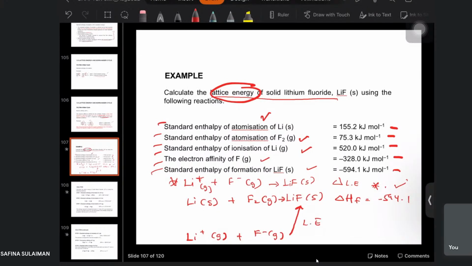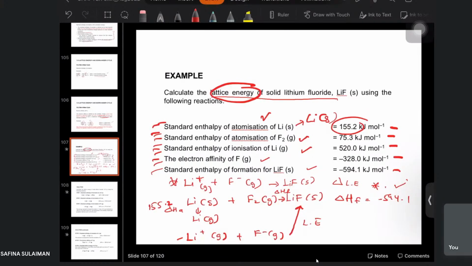This one adalah delta H naught formation. So, macam mana you nak convertkan lithium solid kepada lithium gas? F2 gas kepada F minus gas. Inilah yang awak perlukan semua ni. Okay, so first you tengok standard enthalpy of atomization of lithium solid. So, means that atomization ni dikonvertkan lithium solid kepada lithium gas, iaitu negative 155.2.